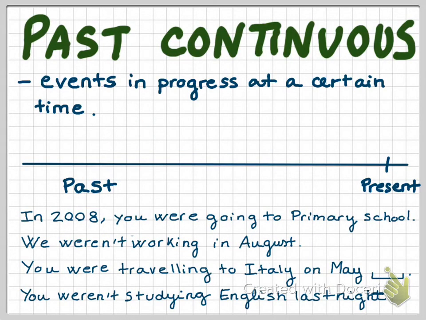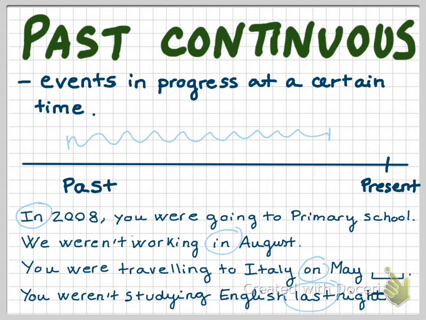Remember that when referring to actions that were in progress in the past, sometimes you will need to define the time. We do this normally by using time expressions starting with in, on, last, or at. In 2008, you were going to primary school. I don't know which particular primary school you went to, but I know for sure that this whole year in 2008, you were attending a particular primary school.